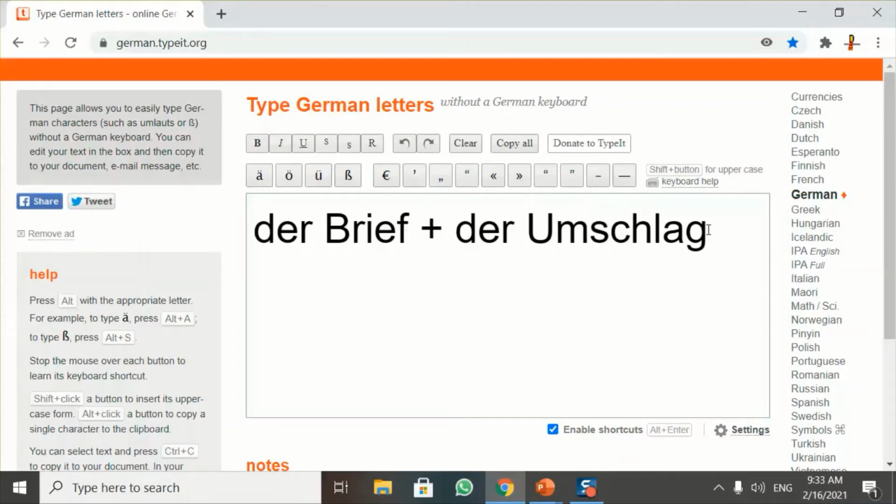So der Umschlag on its own means any envelope, but if you put the word brief in front of it, it becomes the envelope for a letter only.